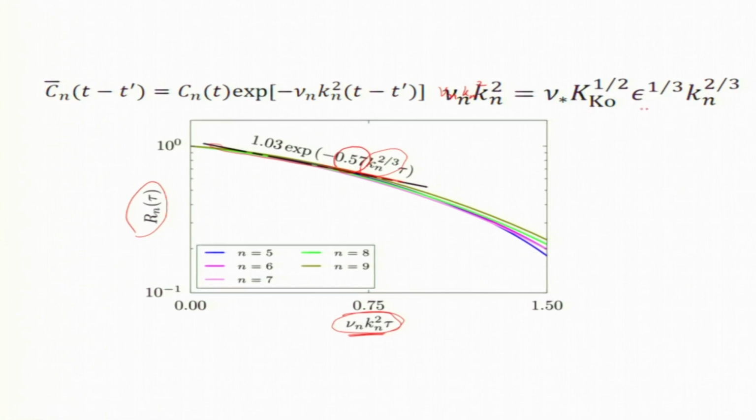Nu n k n squared, which is k n to the 2/3, is here, and this whole object must be the same as 0.57. So, I compare: nu star square root k Kolmogorov epsilon to the 1/3 is 0.57. Epsilon in our simulation was 2.